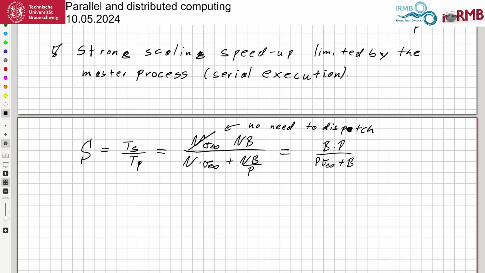Now, suppose you have infinitely many workers. So this is the limit p going to infinity of s. What you obviously end up with is b divided by sigma infinity. So this is the speedup that you can actually obtain from this.